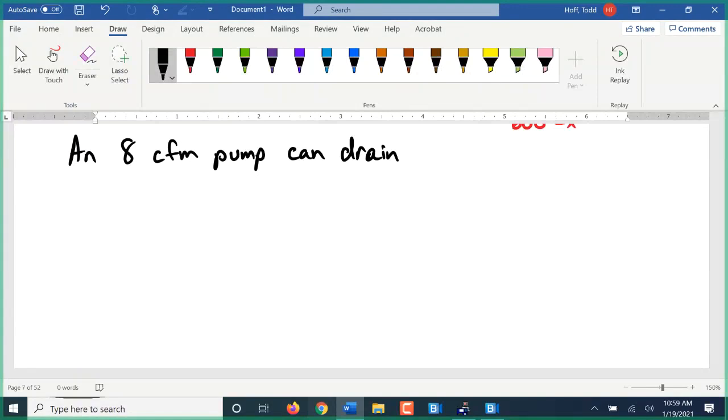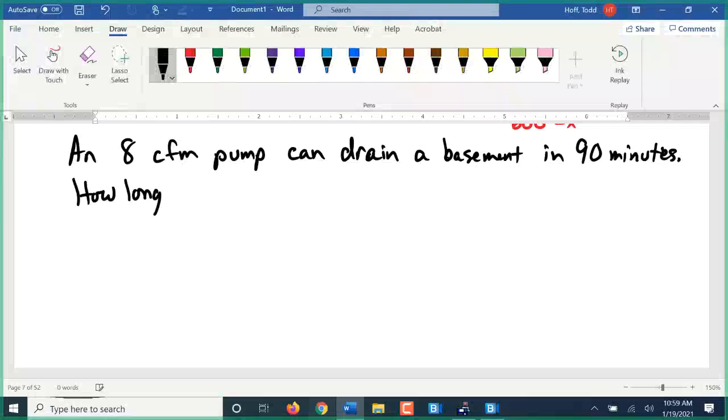8 CFM pump can drain a basement in 90 minutes. How long would 12 CFM pump?